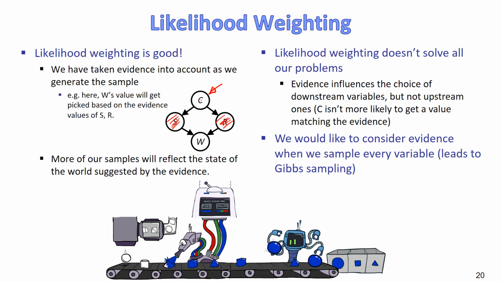So we sample C without knowing anything about S and R. We sample W knowing S and R, but we sample C without knowing anything about the evidence here. So that's a problem, because given that we have that evidence, we really want to sample from each variable knowing that we have that evidence.